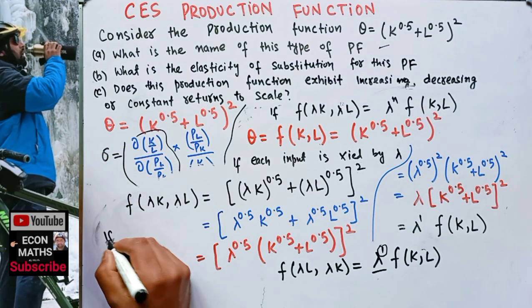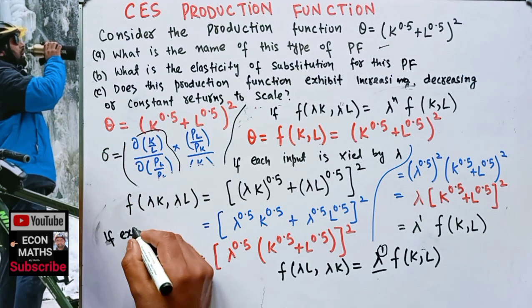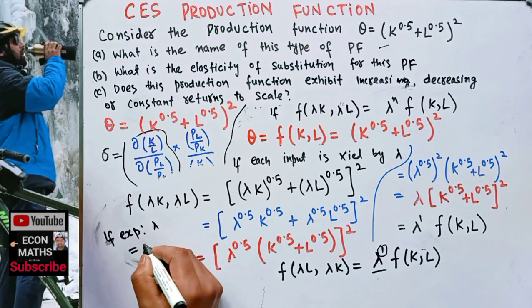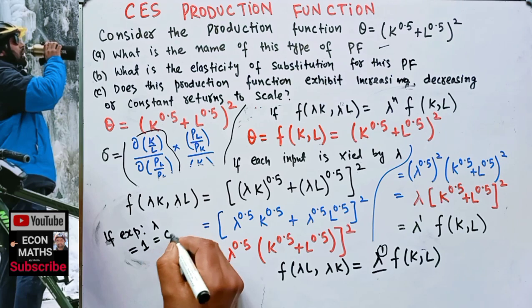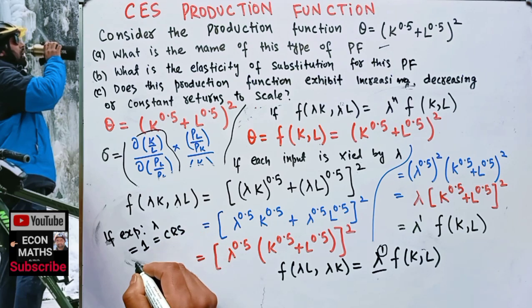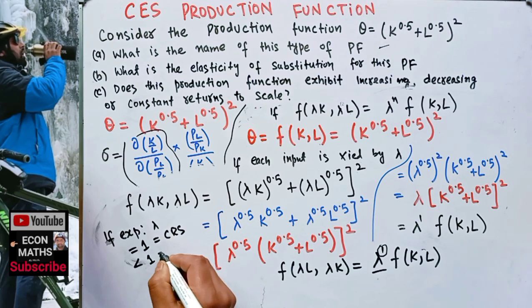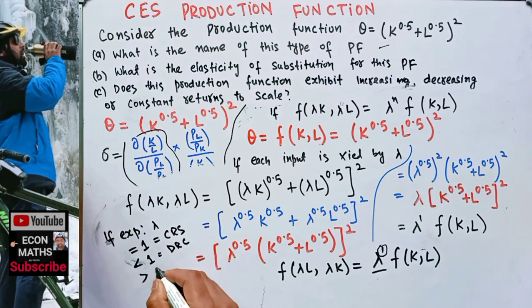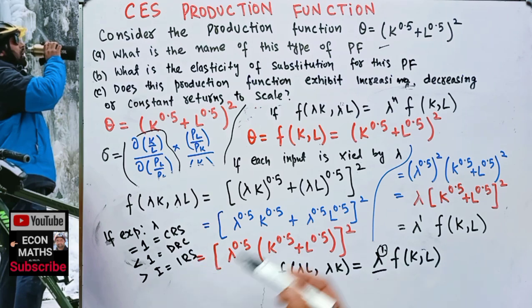If the exponent of lambda is equal to 1, we get constant returns to scale. If it is less than 1, we get decreasing returns to scale. If it is greater than 1, we get increasing returns to scale. Since we got the exponent of lambda as 1, this production function exhibits constant returns to scale.